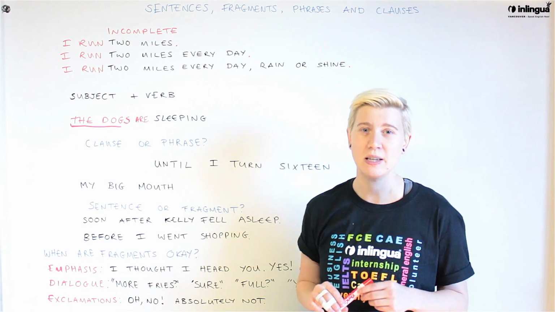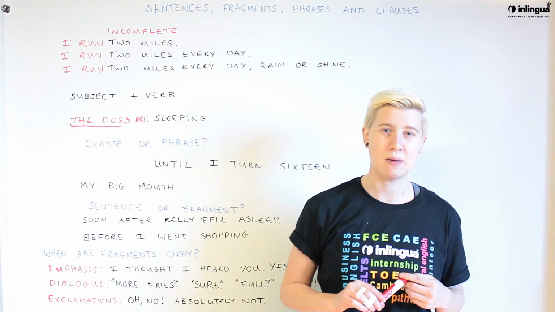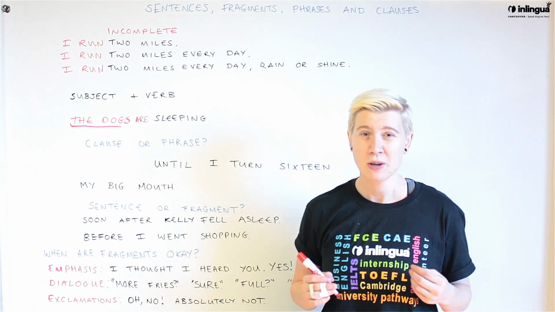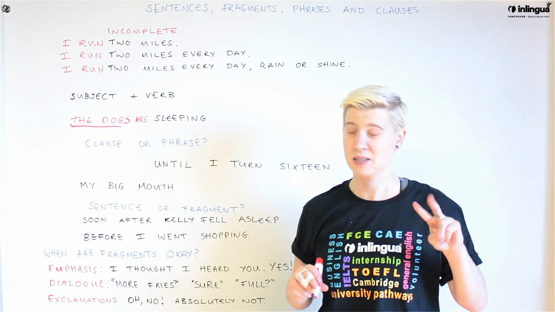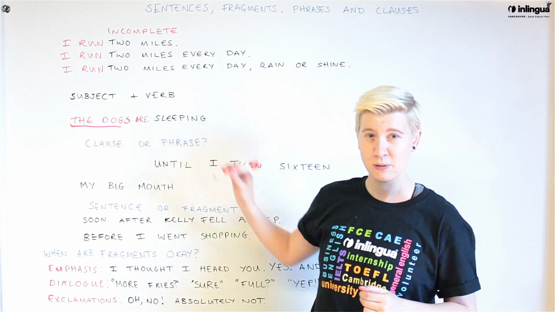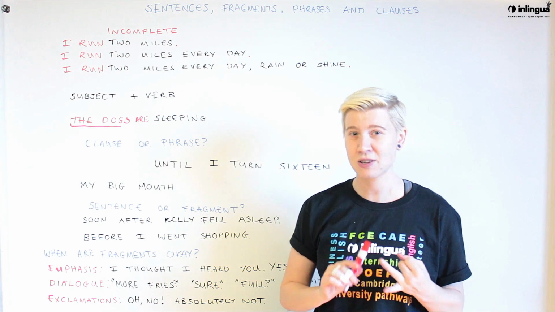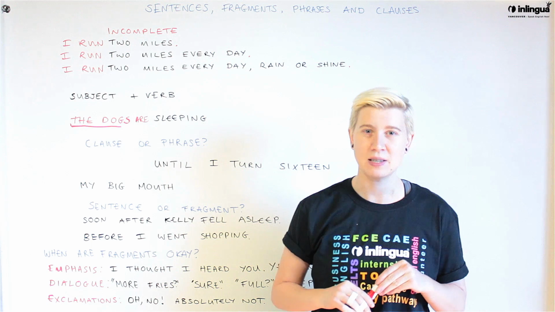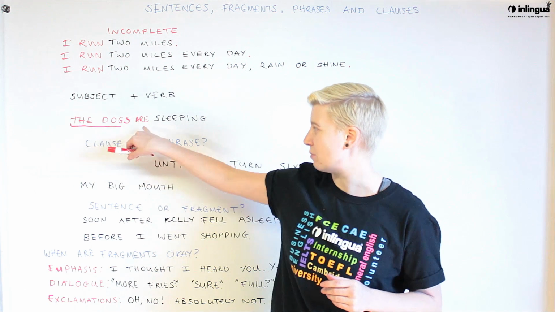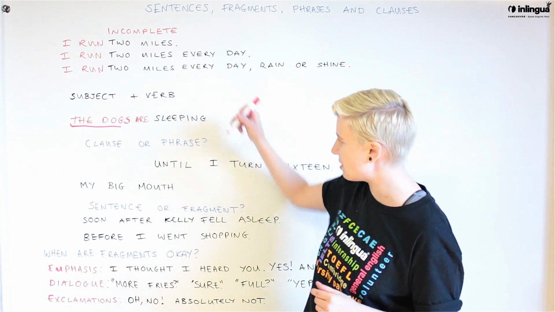I can say the teacher is sleeping, the student is sleeping. I can even make what's called a compound subject and have 2 things that are sleeping. For example, the dog and the cat are sleeping. And we still have a complete sentence. We've got our subject, we've got our verb. This is a good sentence.